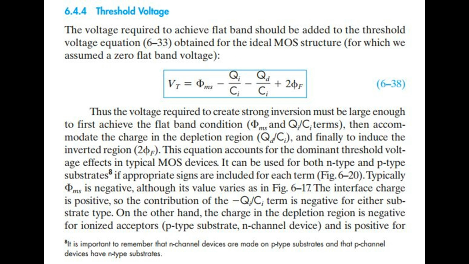This equation accounts for the dominant threshold voltage effects in typical MOS devices. It can be used for both n-type and p-type substrates if appropriate signs are included for each term, Fig 6.20.